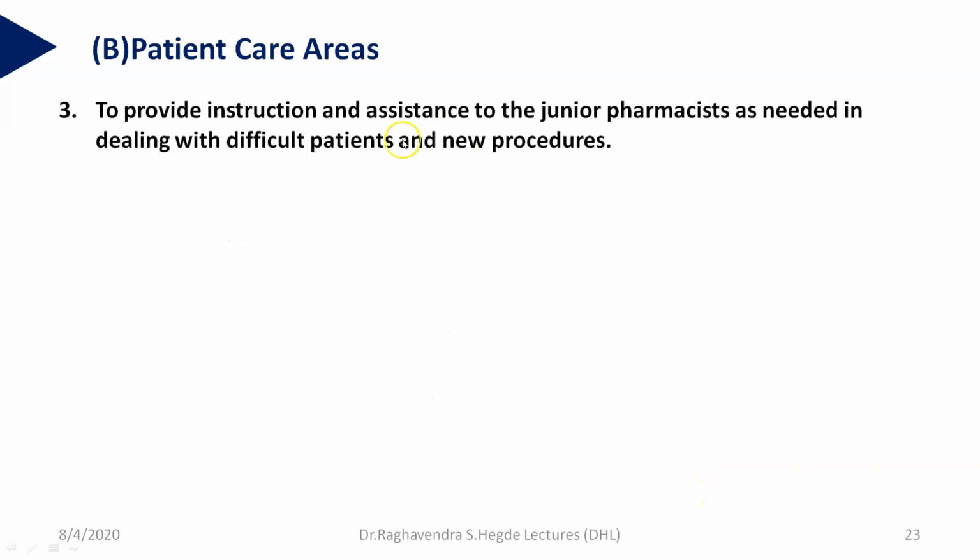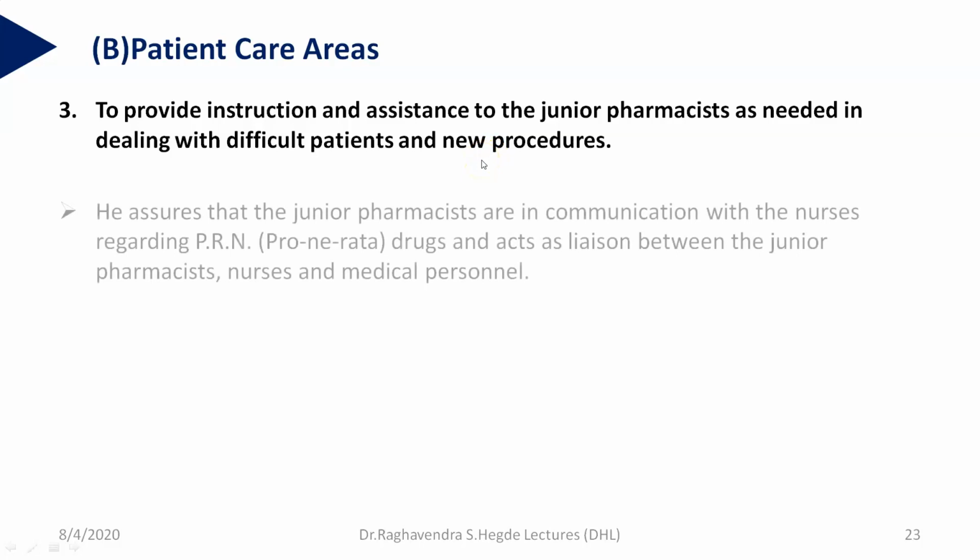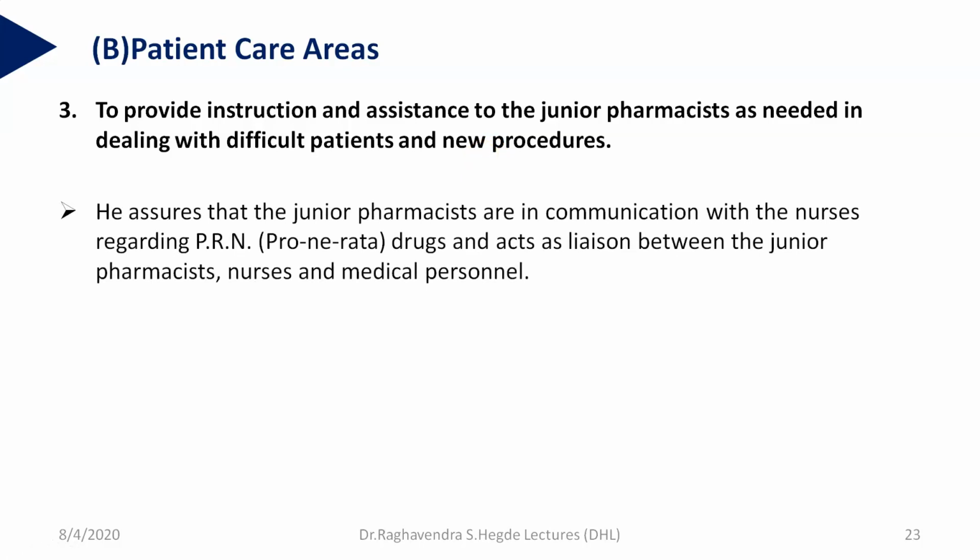He provides instruction and assistance to the junior pharmacist as and when required, dealing with difficult patients and new procedures. He assures that the junior pharmacists are in communication with the nurses regarding PRN drugs. PRN drugs are those given as and when required.